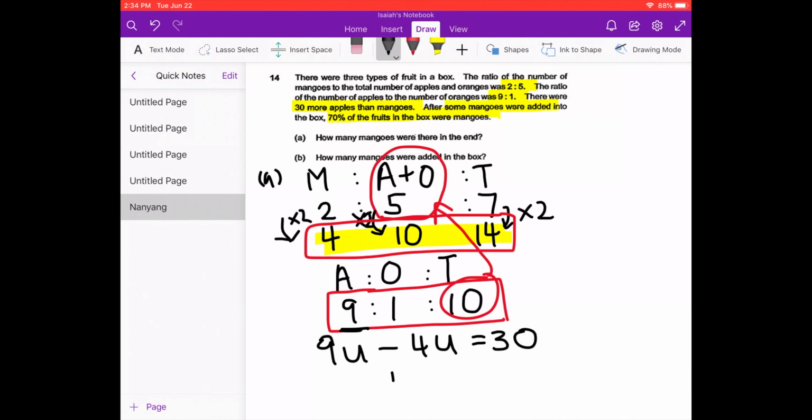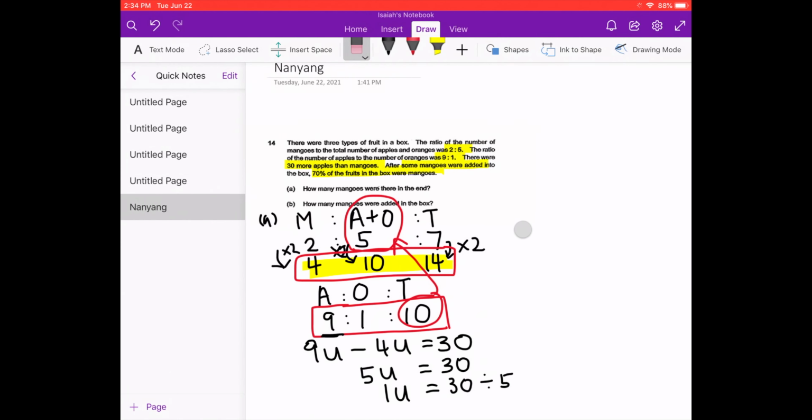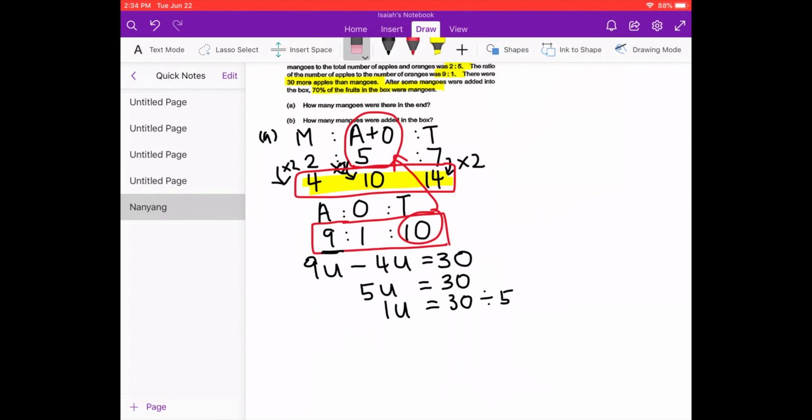So 9u minus 4u gives us 5u, and 5u is 30. From there we can calculate 1 unit. 1 unit will be 30 divided by 5, and that works out to be 6. So 1 unit is actually 6.